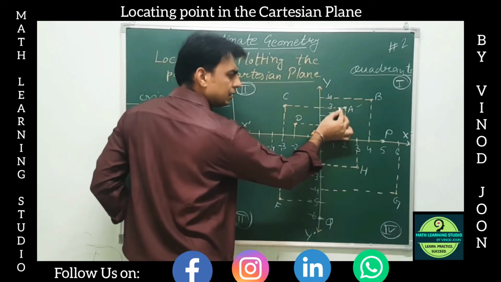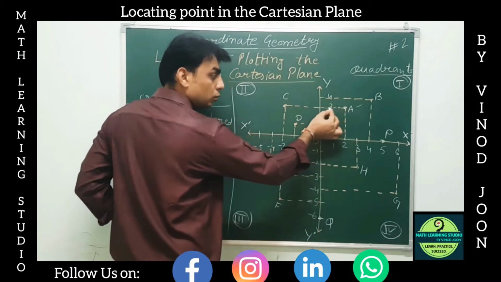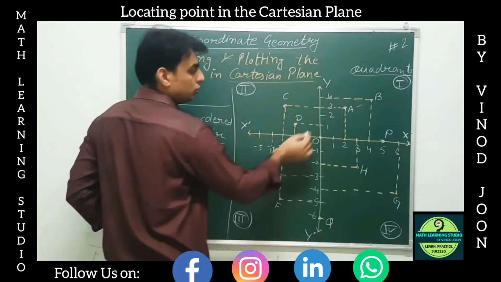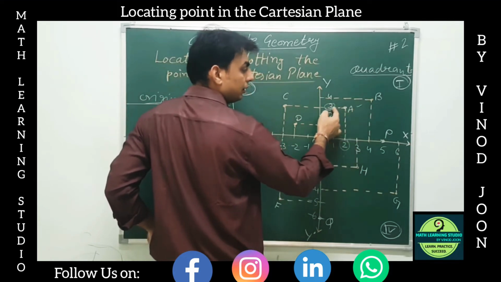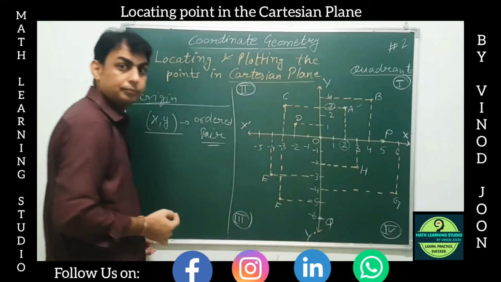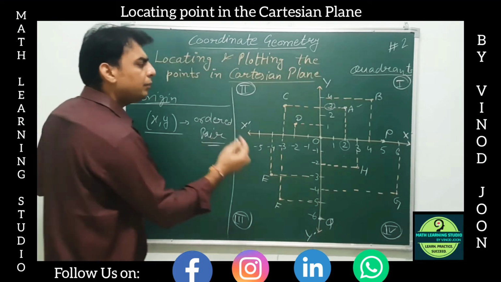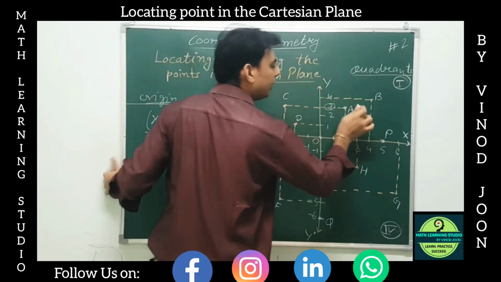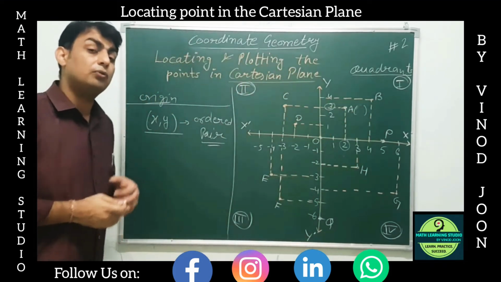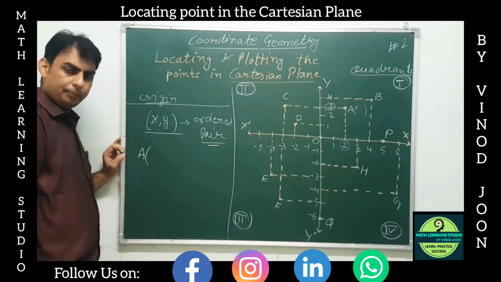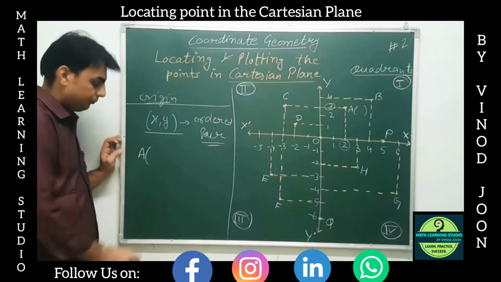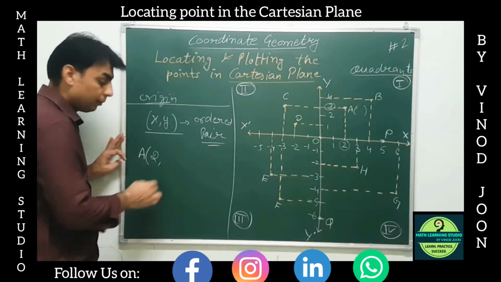There is another line that goes to the y-axis, and it goes to the value 3. So this is 2 for x and 3 for y. How will we write the values of this point A? Very simple. We will write that point A has the values 2, 3.